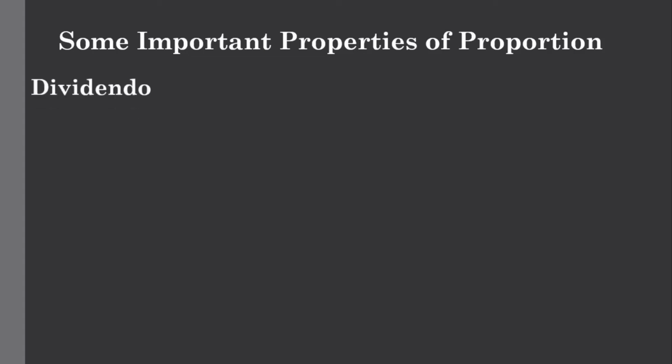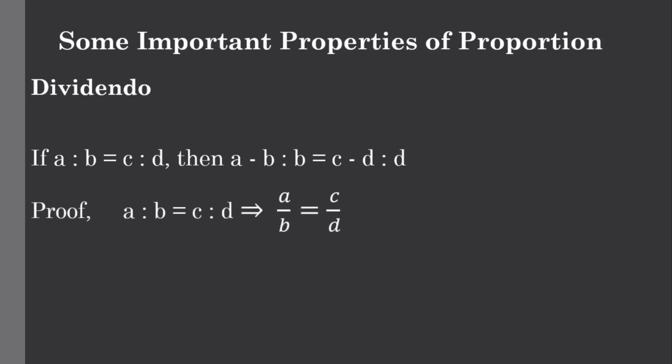Next one is dividendo. In this property, A minus B is to B is equal to C minus D is to D. So let us write the proportion in its fraction form and take minus 1 on both sides. B is the LCM on this side and D is the LCM on that side.